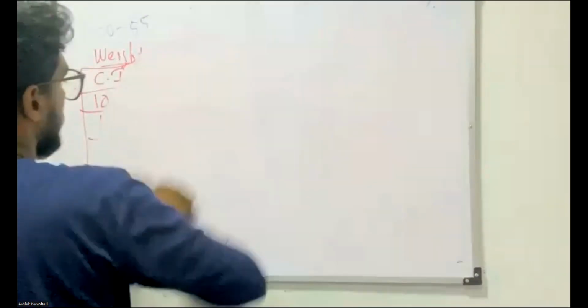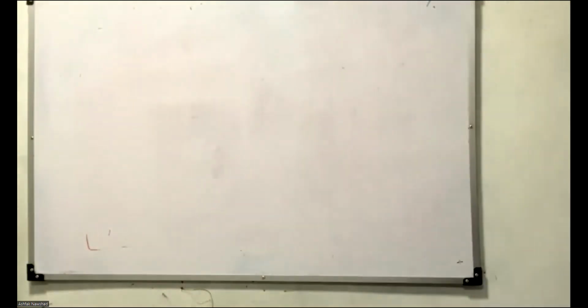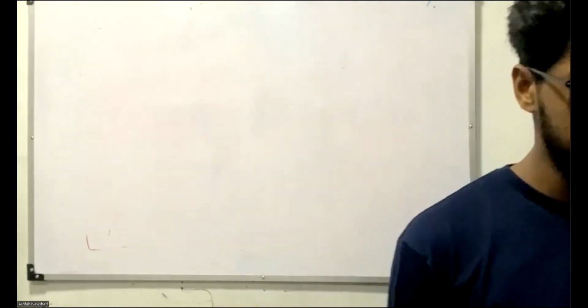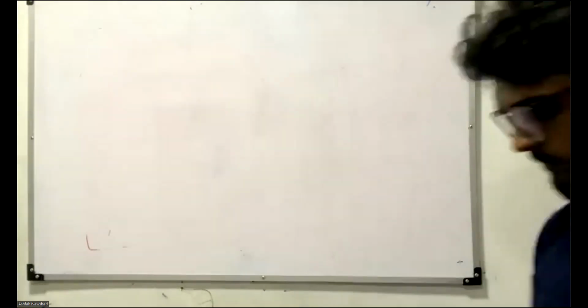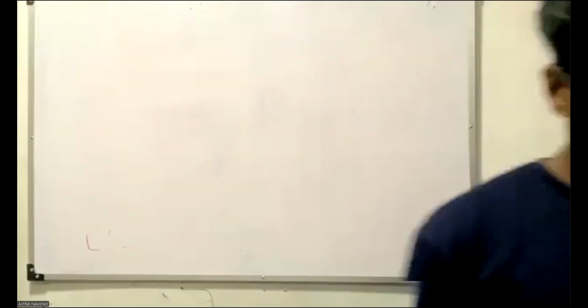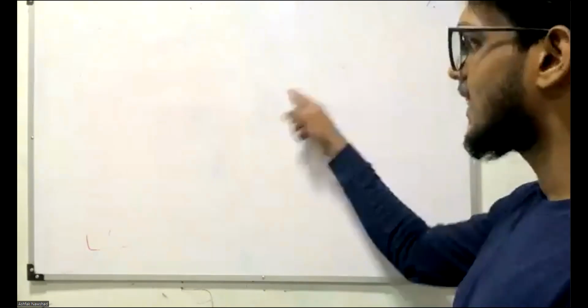So let me know if you have the idea of a median, if you know what a median is. Median of a data set. What is it in simple terms? Yeah, median is the number in the middle. Median is the data in the middle.